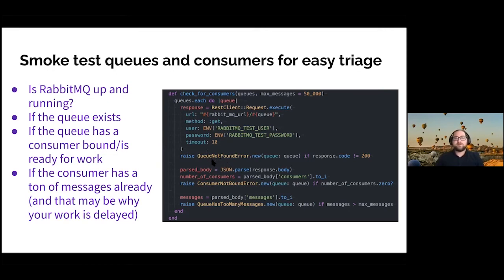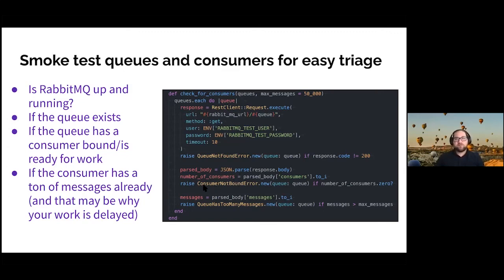I think I described it before, but when developers add a new consumer or a new queue or anything like that, they have to turn it on in Heroku manually. So here we know, if that developer forgot to do that, it'll raise an error immediately, and we don't have to do more investigation.